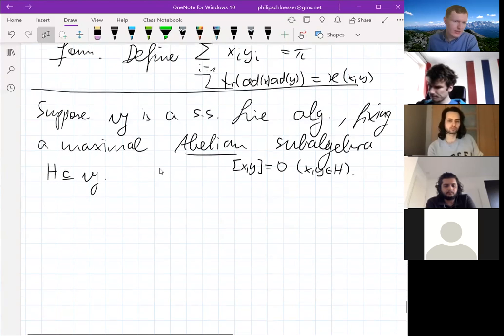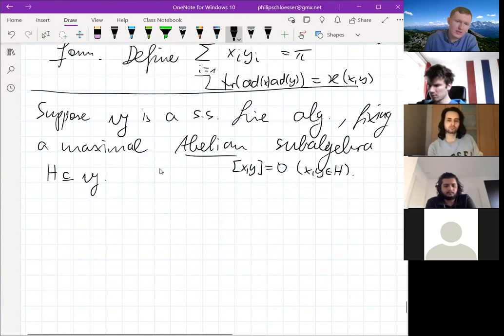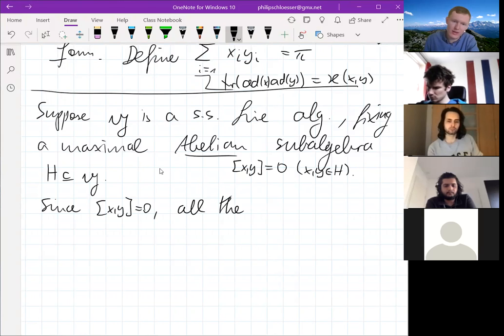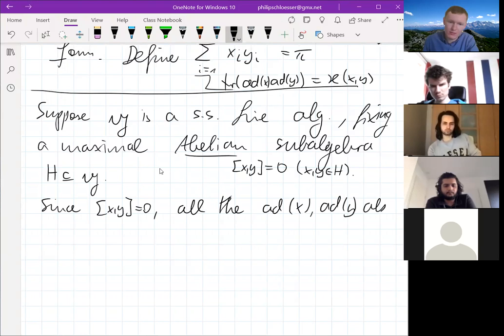And the idea is that since they all commute, they can be diagonalized. More particularly, since they all have Lie bracket 0, all of their adjoint actions also commute.